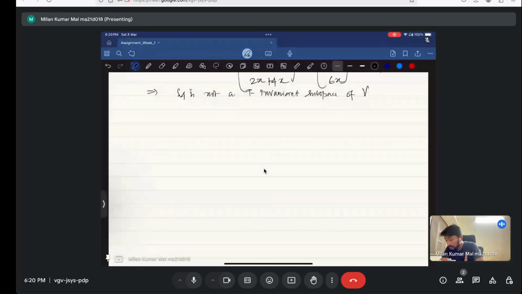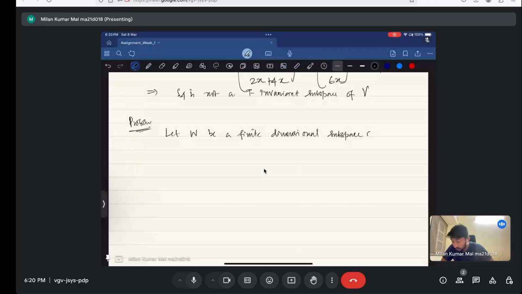The next one says: let W be a finite dimensional subspace of the inner product space. You can consider it as a vector space, because till now inner product space has not been discussed in the course.